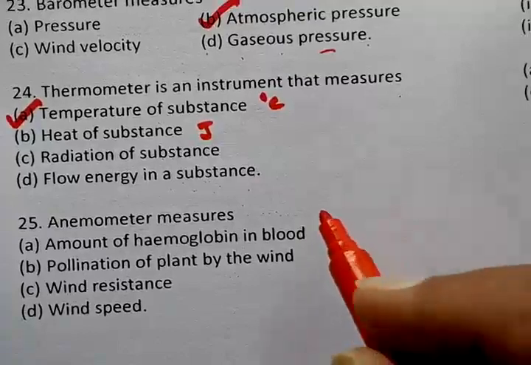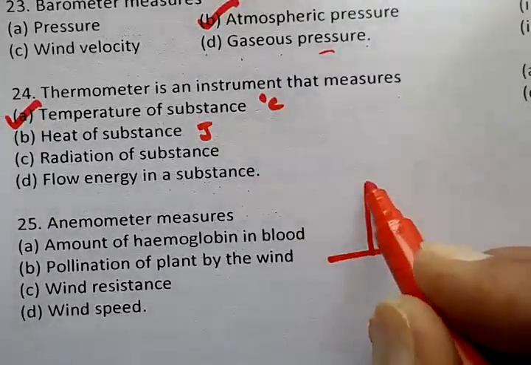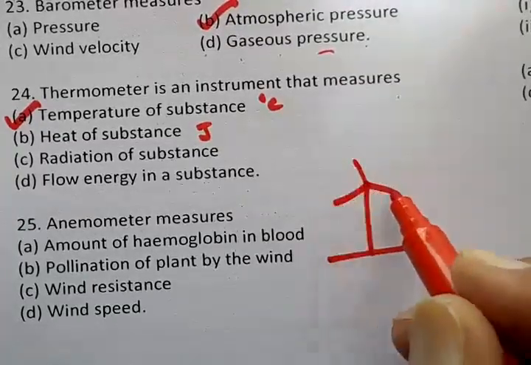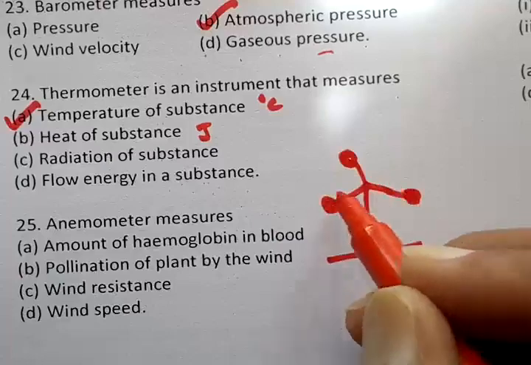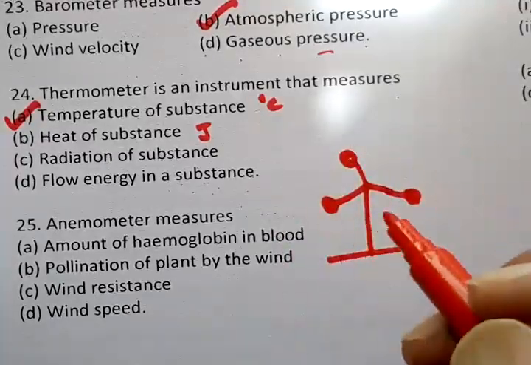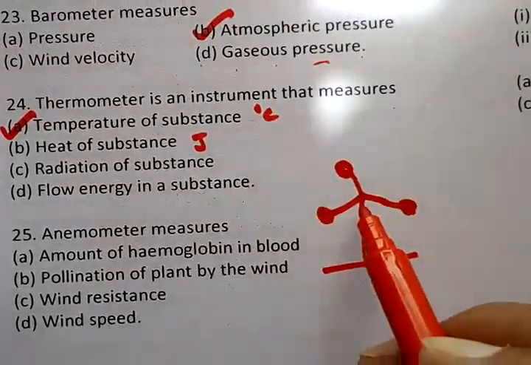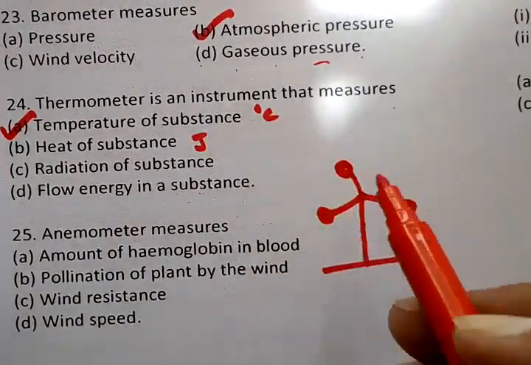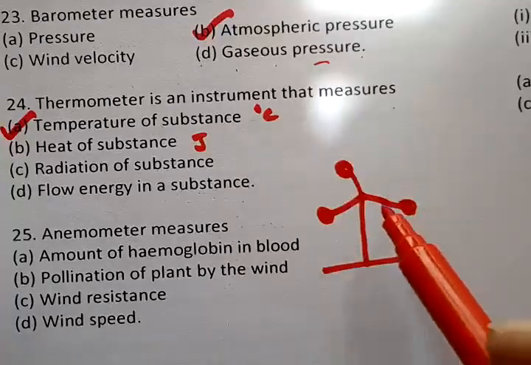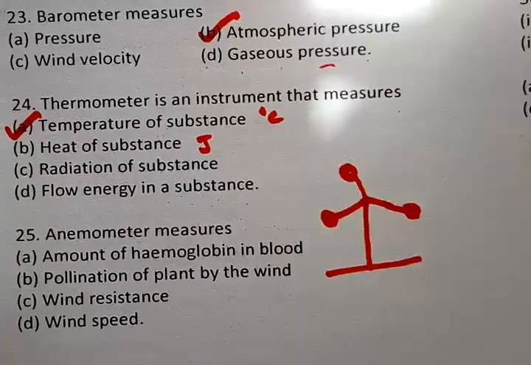See, if you go to an airport, you will see on the top of the control tower one big spoon-like thing is attached and it will keep rotating. So this rotation will indirectly measure the wind speed at that point.